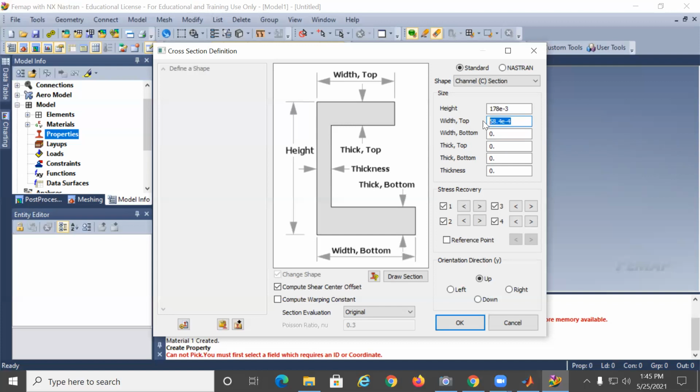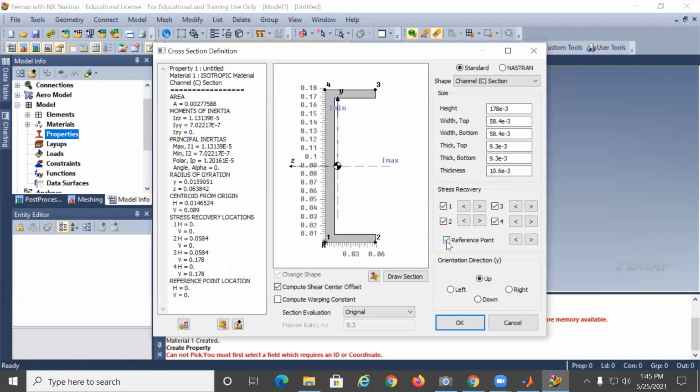Width of the bottom is going to be the same. Thickness of the top is 9.3 to the minus 3. Thickness of the bottom is going to be the same. And the thickness of the web is 10.6 to the minus 3. So that should be okay here. We don't need this, but I did the figure, so it shows the figure over here, as you can see.